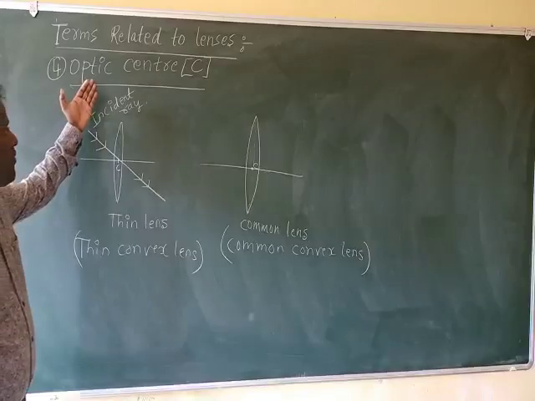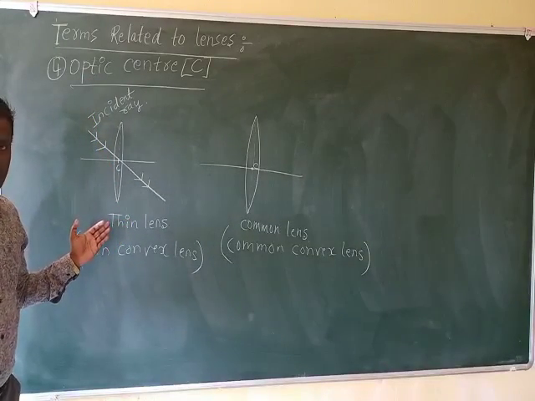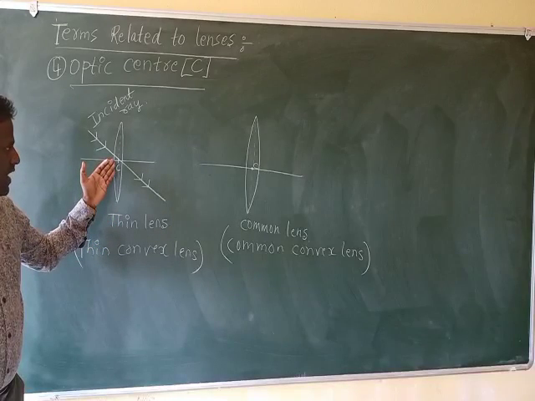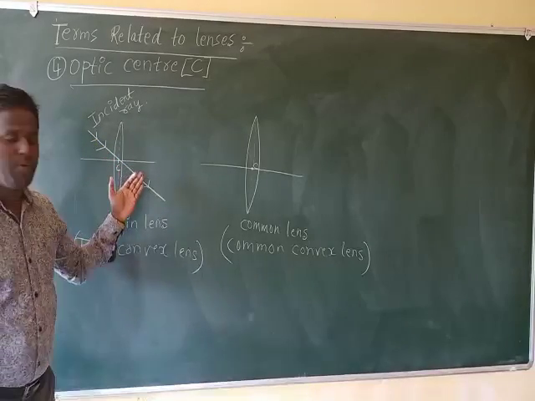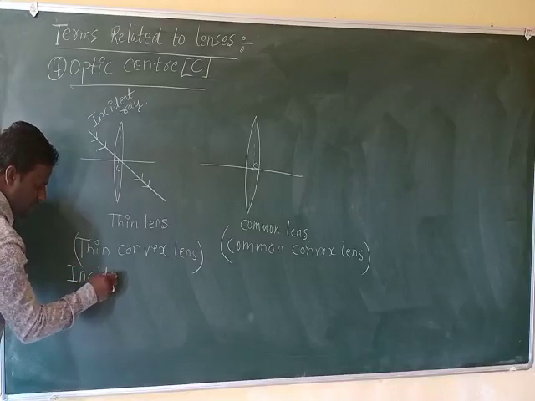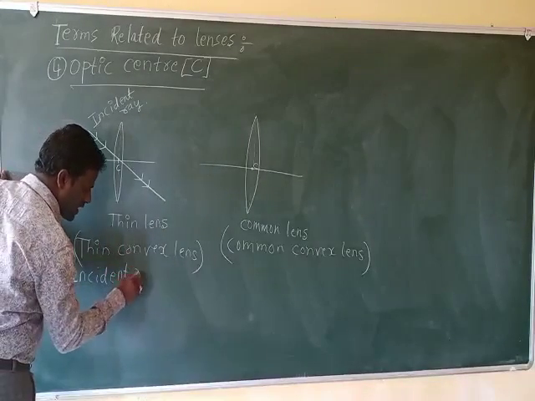So how do we define the optic center in the case of a thin lens? The optic center of a thin lens is the point well inside the lens through which the incident ray passes undeviated. Undeviated means without changing its direction.